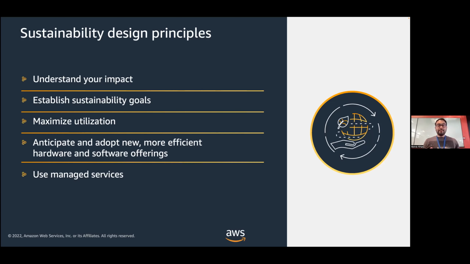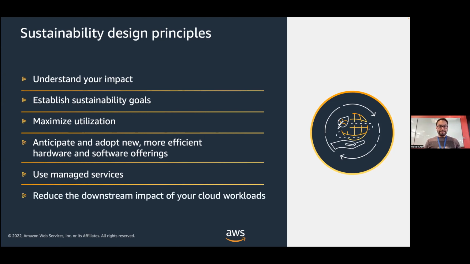But at the moment, I will leave this as a question to the whole audience. I would love to see some responses in the chat: what do you think, and how do you think using AWS managed services can help you and your customers design sustainable workloads? If I am not getting any answers, probably I'll address that at the end, why managed services.